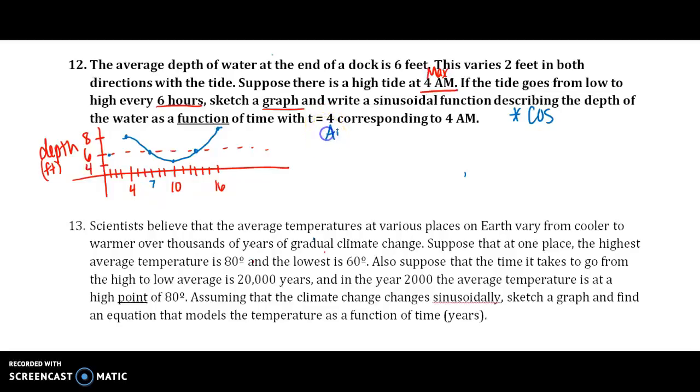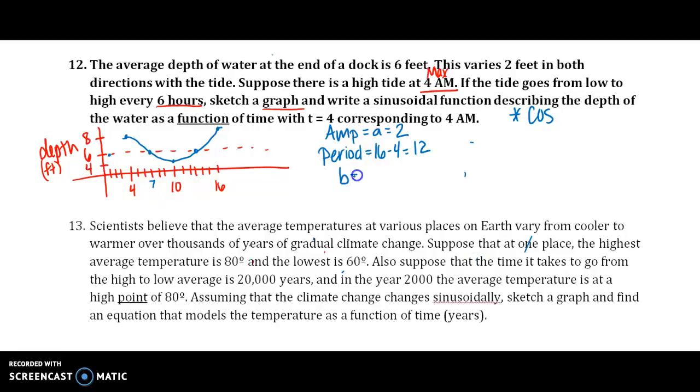Okay, so the amplitude, remember, is A. That's the distance from this midline to the max. So if it's at 6, to go up to the max, that would be 2. The period is how long it will take to repeat itself. So if it was at 4, repeats itself at 16. 16 minus that 4, that difference, is 12.